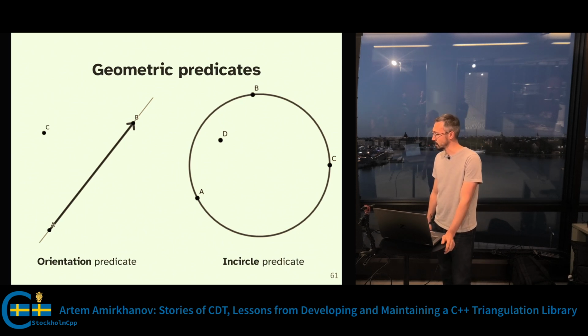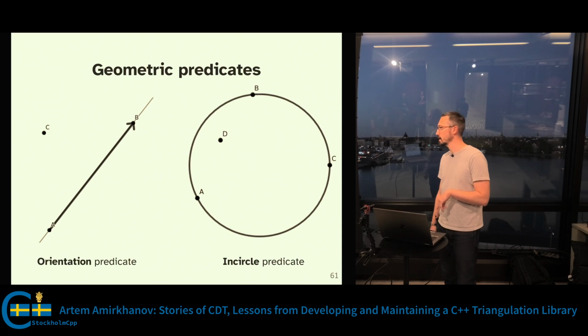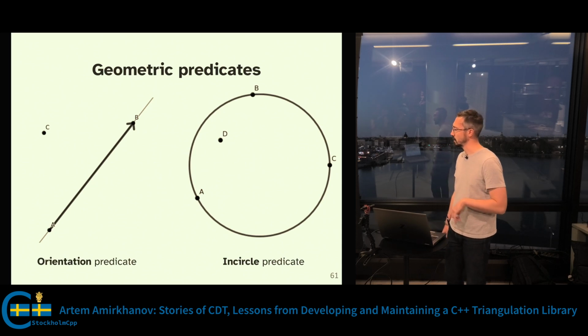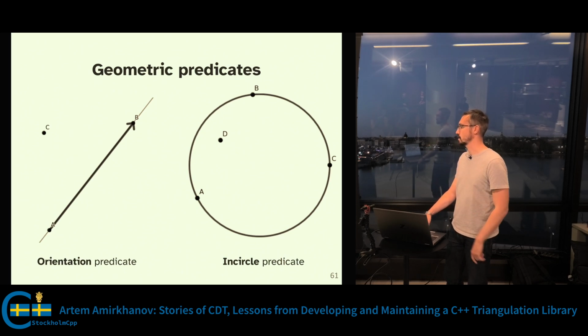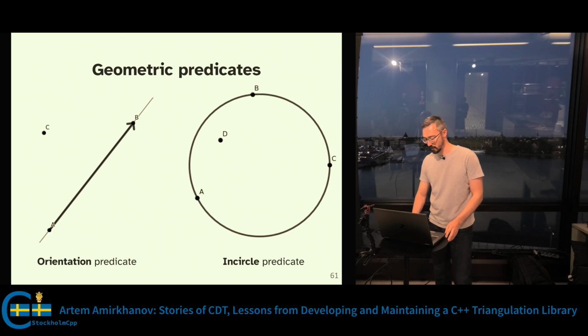On the left, there's an orientation predicate, and it tells you whether the point C is on the left, exactly on, or on the right of the line going through the points A and B. And the circle predicate tells you whether the point D is inside, exactly on, or outside the circle going through the 3 vertices A, B, C.